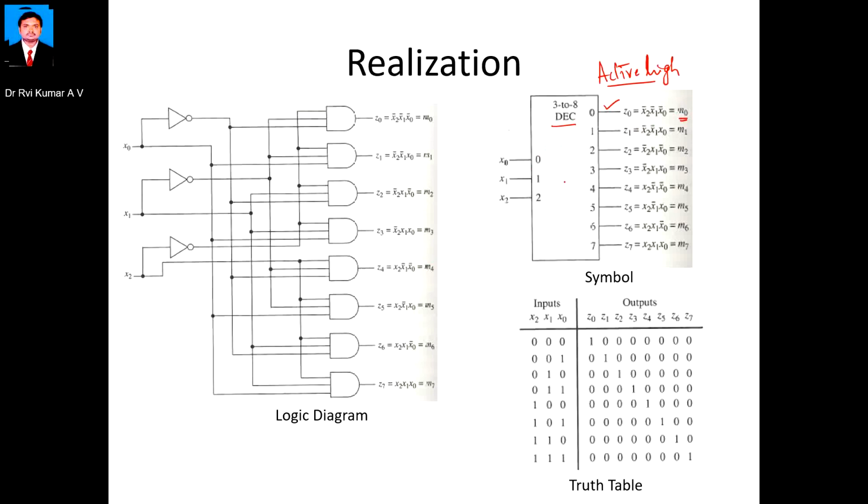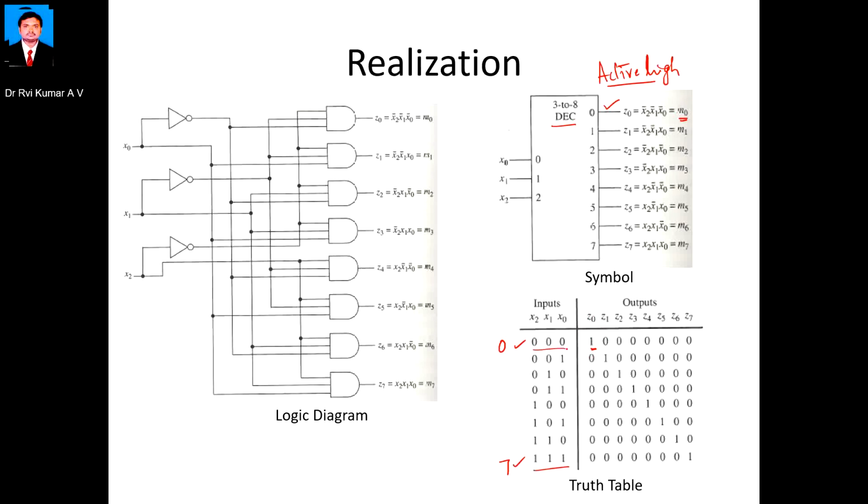Here in the 3 to 8 decoder, we have 3 input combinations from 000 to 111, so that is 0 to 7. Whenever an input is applied to the decoder, the corresponding one of the outputs will respond as logic 1.